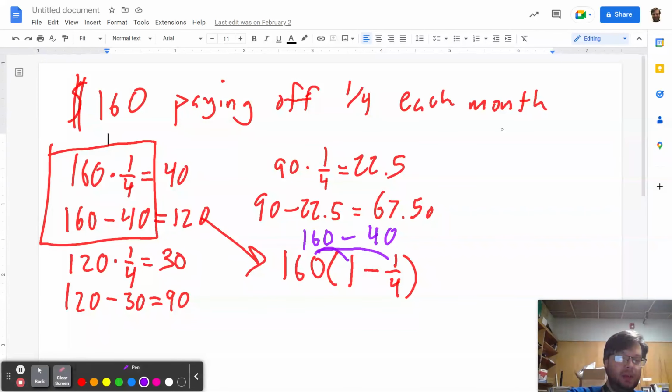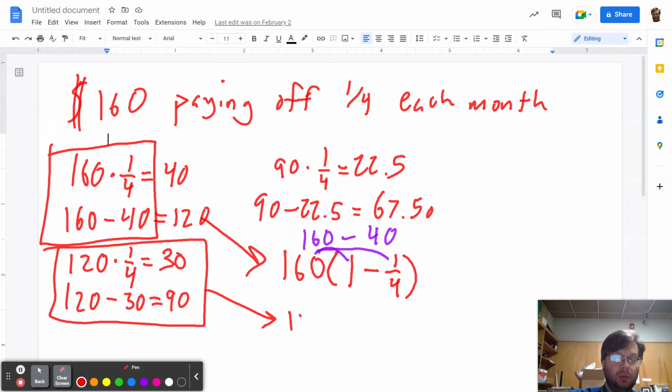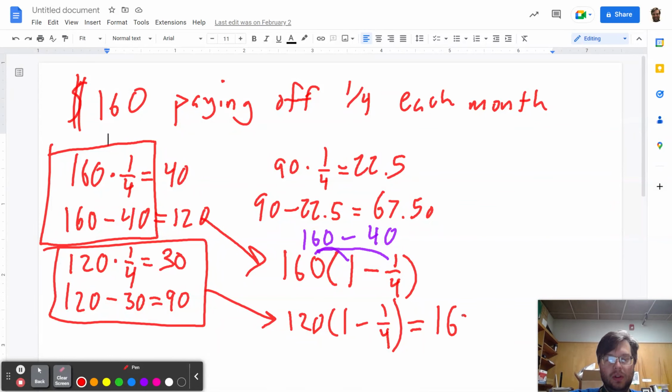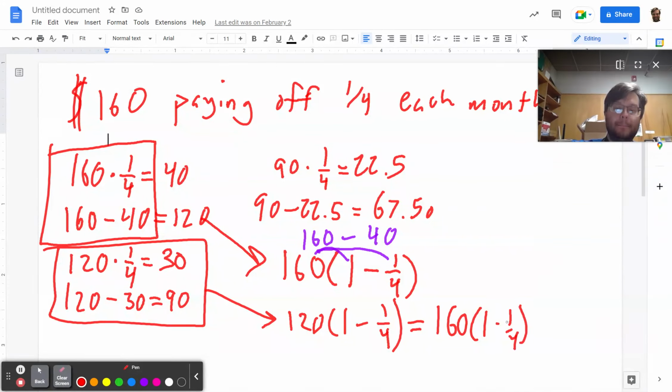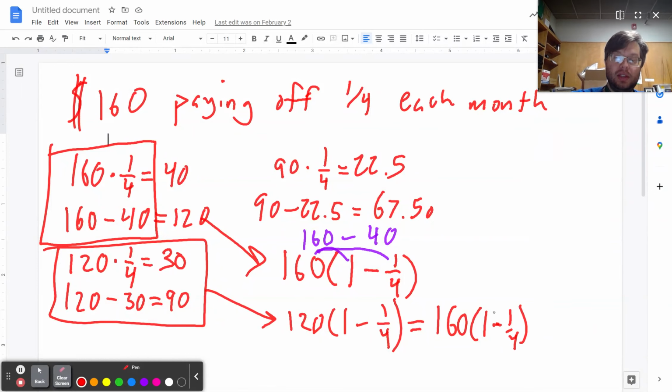And same idea where this second step process right here is 120 times 1 minus a quarter, which is the same as taking my previous expression, because remember, this chunk right here equals 120, and multiplying it by another 1 minus 1 quarter.